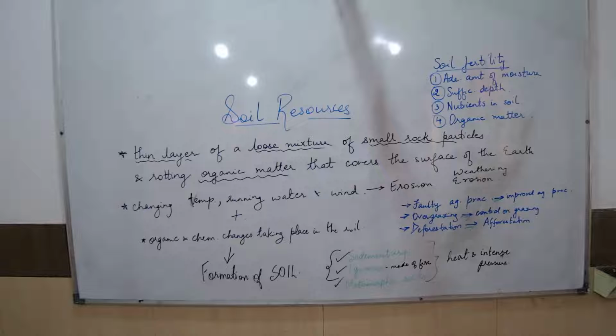Then both Khadar and Bangar soils contain concretions, that is kankars of impure calcium carbonate. These soils are more loamy and clayey in the lower middle Ganga plains and the Brahmaputra valley, while coarser in the upper Ganga plains.